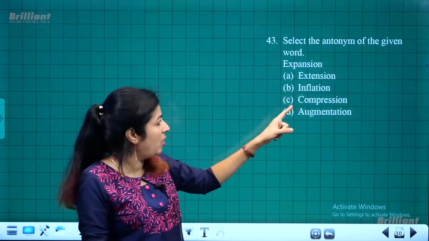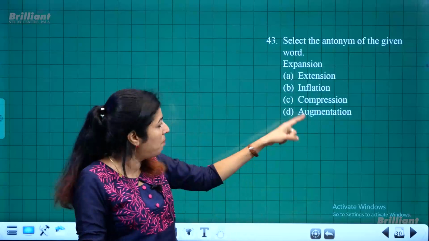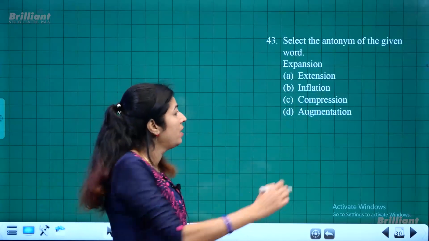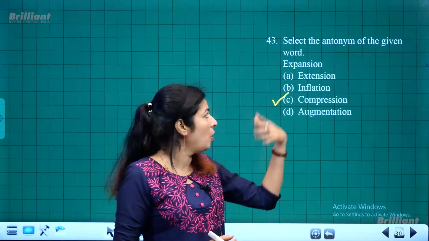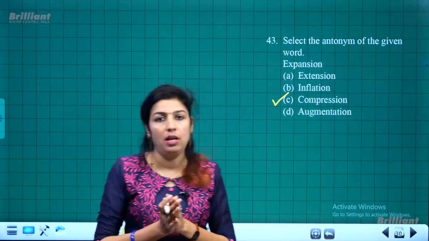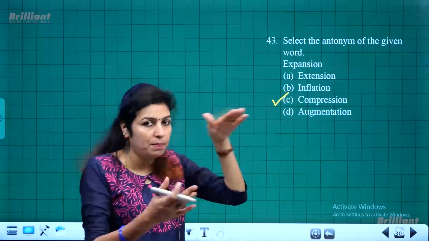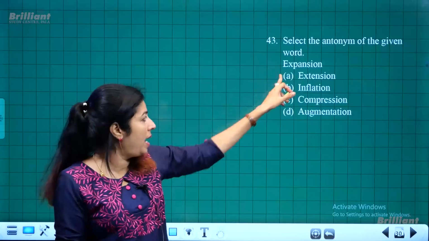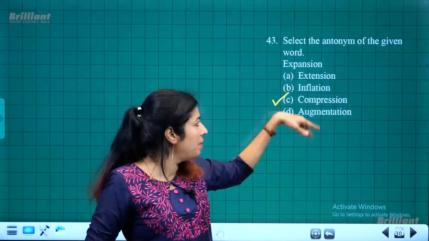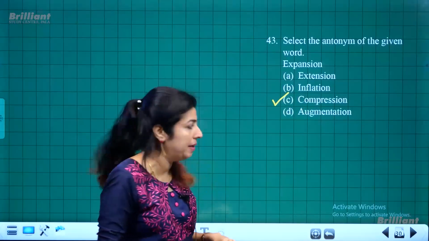Then inflation also is somewhat enlarging something. Then compression, augmentation. Actually, compression is the exact word which is the opposite of expansion. You expand something, you make something big, and the opposite is you compress something, you make something small. Otherwise, A, B and C, D are similar in meaning, and could be taken as synonyms for the word expansion.